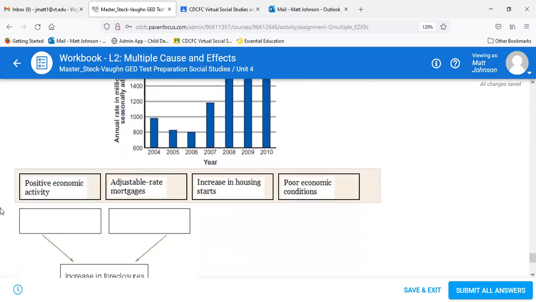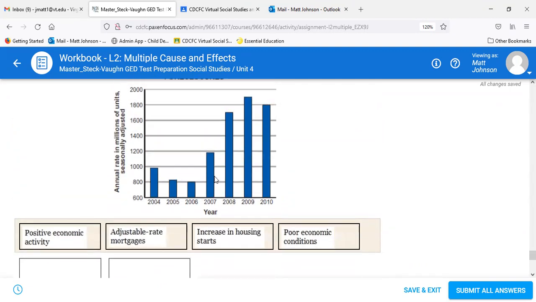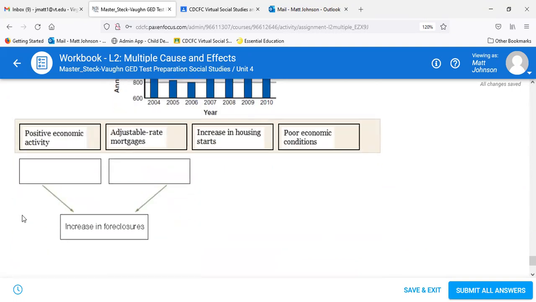So if we're looking then, 2 boxes here. The increase in foreclosures, we have 4 options here. What caused those foreclosures between 2007 and 2010? What were the 2 primary reasons? Poor economic conditions.